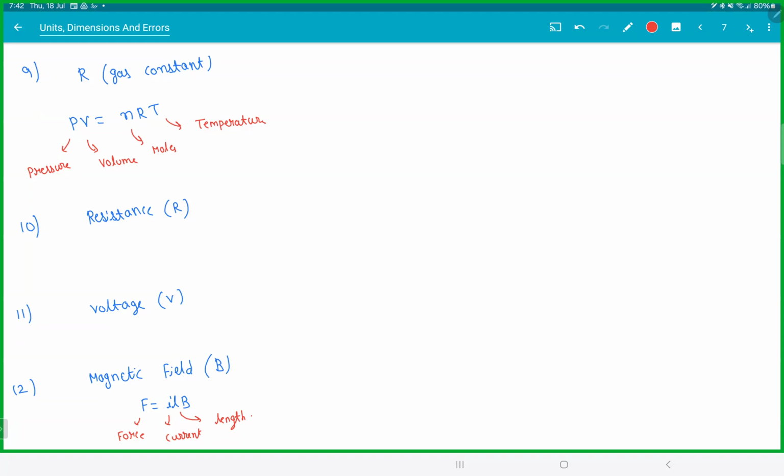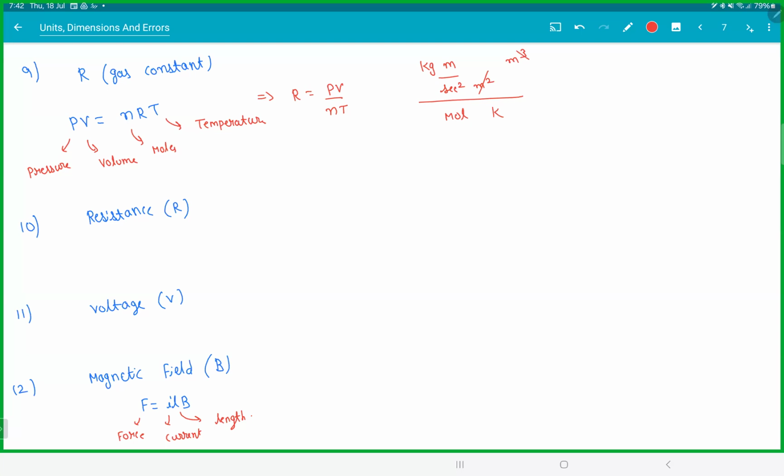What is the gas constant? R is equal to PV by nT. P is pressure, and pressure is force by area. So kg meter per second square, area is meter square. Volume is meter cube. n is mole and T is Kelvin.